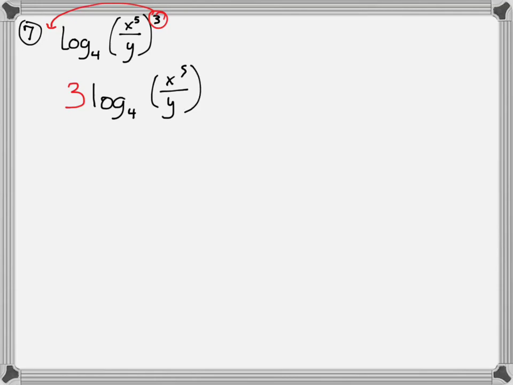Now I need to split apart my division. When I split apart my division, it is going to separate with a subtraction. But that 3 is hanging out in front. So that 3 is going to get multiplied to everything that I do. And so I'm going to go ahead and separate this out with the subtraction. So log base 4 of x to the 5th minus log base 4 of y.